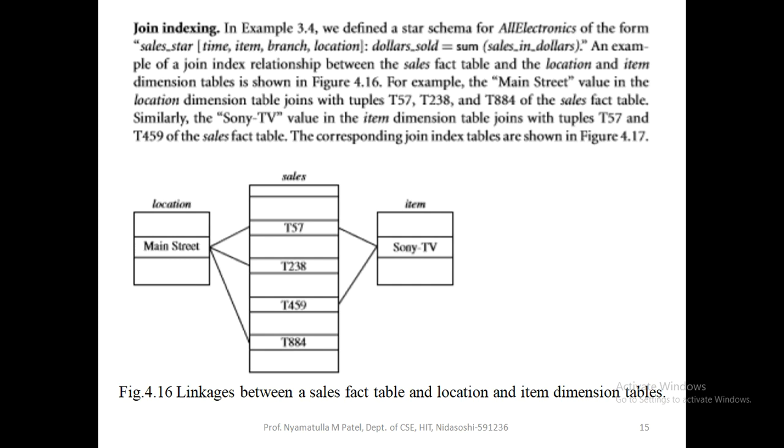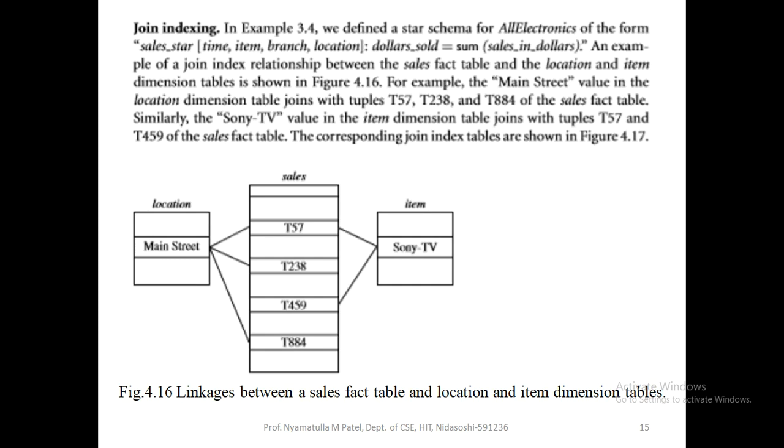Time, item, branch and location, and we also want dollars sold equal to the sum of sales in dollars, the total amount of sales in dollars. An example of join indexing relationship between the fact table and the location and item dimension tables is shown in the figure.